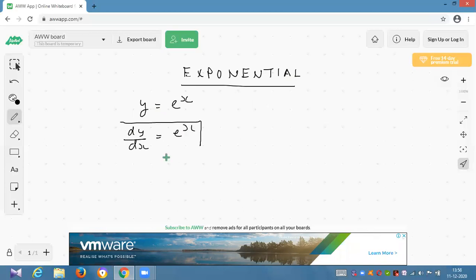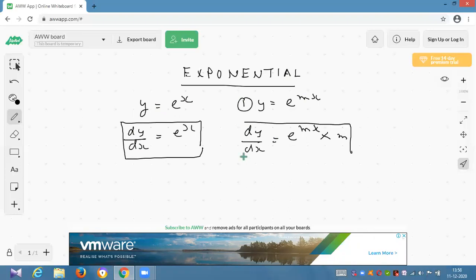Now here the variations are, if y is given to you as e to the power mx, where m is any constant, then dy by dx, applying the chain rule, is e to the power mx into the derivative of mx, which is m.